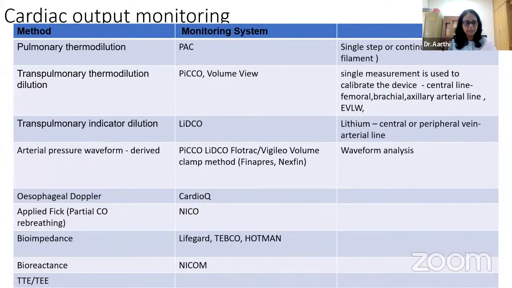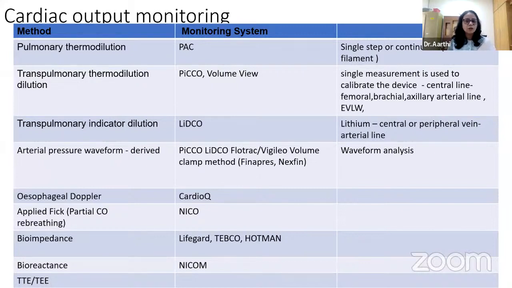using thermal filaments. And there are other monitors like PiCCO and VolumeView, which utilize the transpulmonary thermodilution technique. They can either use a single measurement or they use continuous monitoring devices where it has to be calibrated.